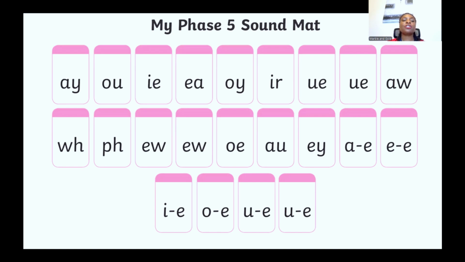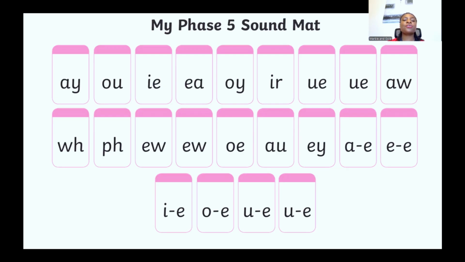For instance, the children would have learned the sound A in phase 3, right? The A and the I in phase 3. But in phase 5 phonics, as we know, English can be very tricky when it comes to writing.